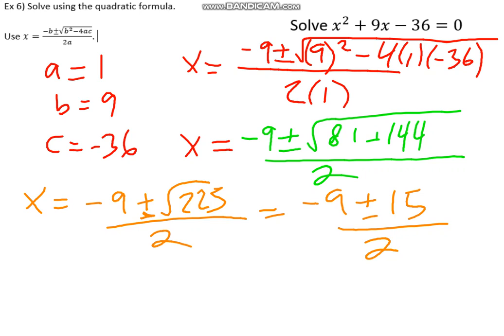And so technically that's the solution, but you might see it in a few different formats, such as splitting this fraction into 2 by doing negative 9 over 2 plus or minus 15 over 2, which will give two solutions.